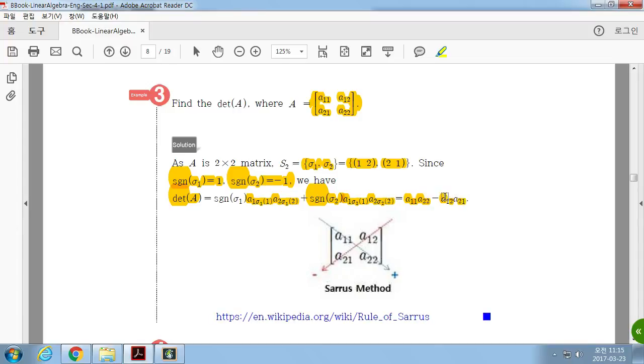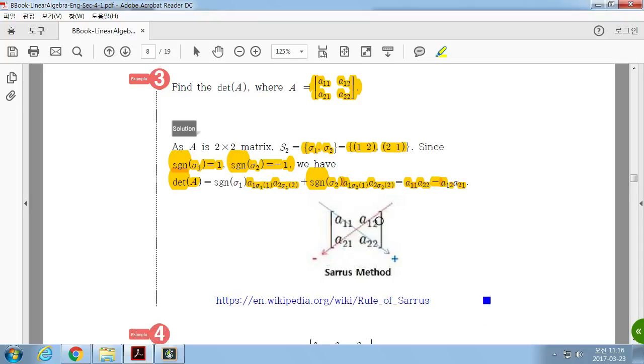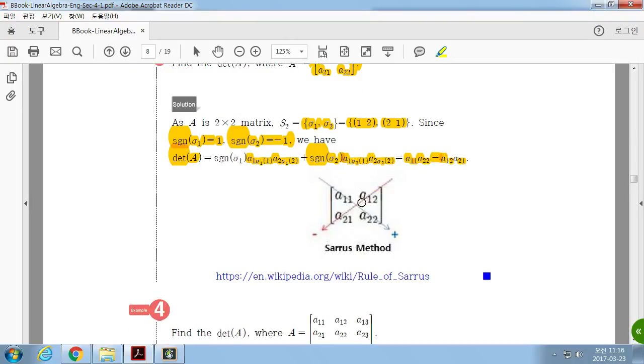So we have this with the odd permutation, which we multiply by negative 1, and add them all. That's it. Actually, this can be found in this way. If you have a 2 by 2 matrix, then A11 times A22, plus A12 times A21 times minus 1. And this is called the Sarrus method for a 2 by 2 matrix.